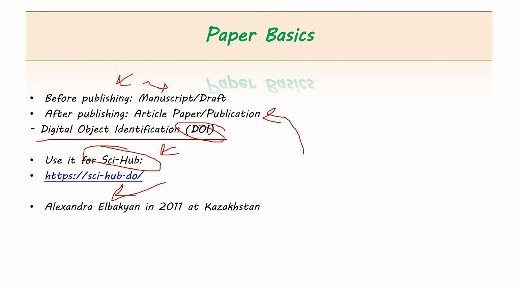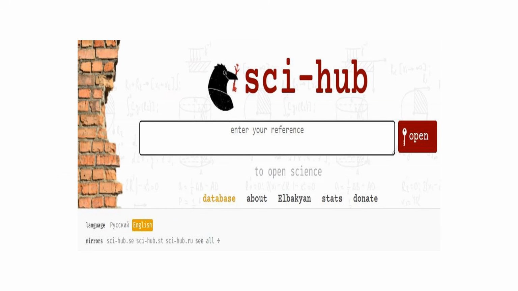So for any paper you will have a DOI, and you can use it on this website to get the full text of the paper. You copy the DOI and paste it here, then click open in the Sci-Hub website, and it will bring you the full text of the paper. Or you can use your university access to get the full text of any article.